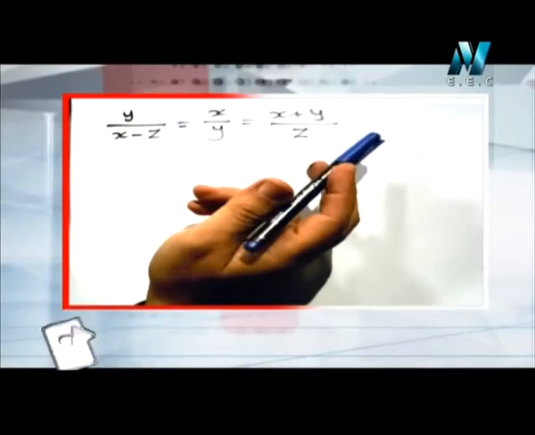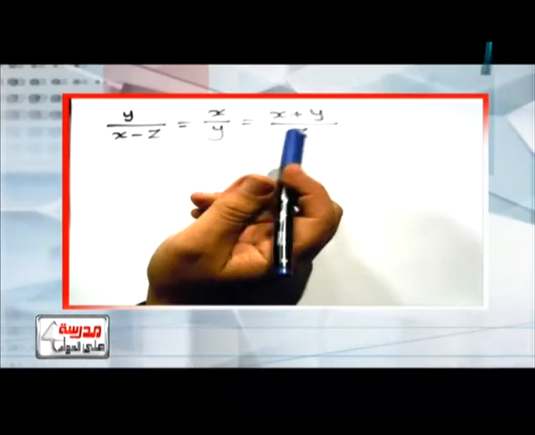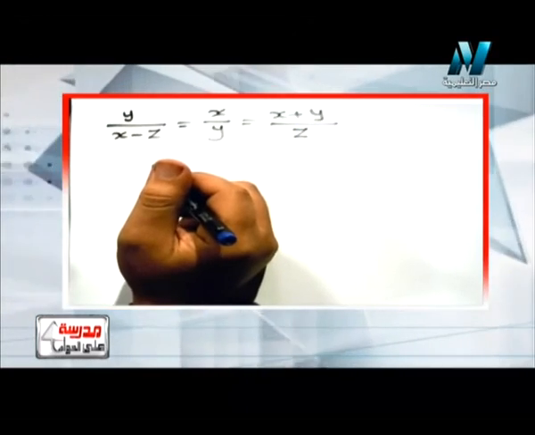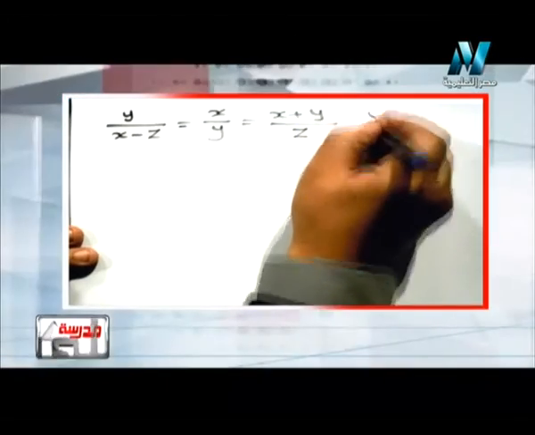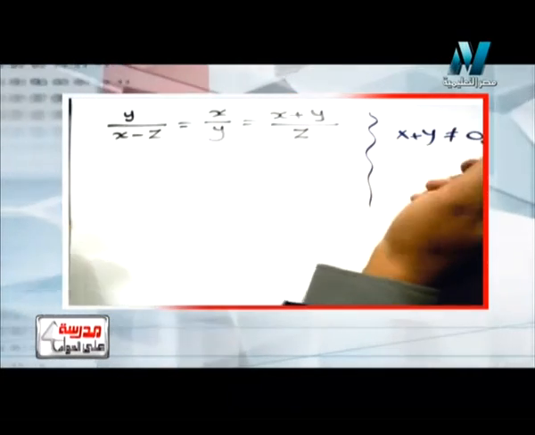Two requirements here under a condition. The first requirement: I want to prove that these ratios are equal to 2. The second requirement: I have to find the ratio between x to y to z, and we have a very important condition, that x plus y doesn't equal 0.